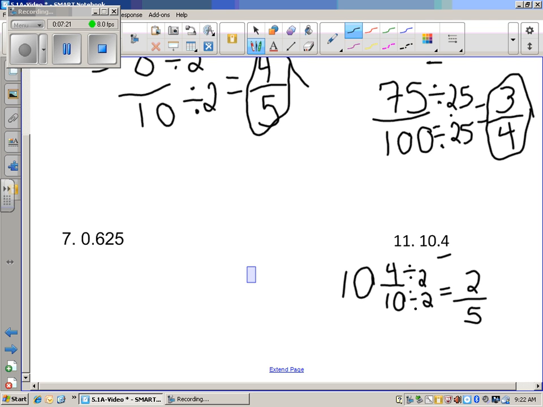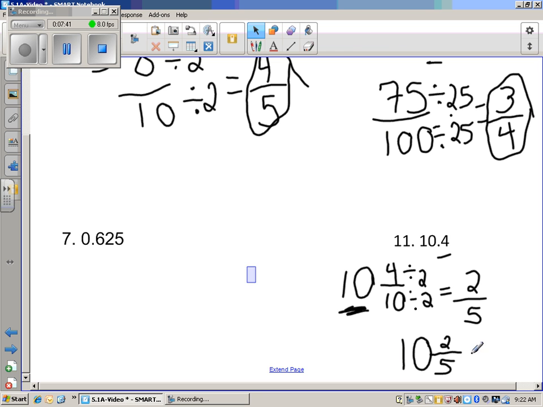Now, 2/5 is not going to be my entire answer because that does not include my 10. So my final answer would be 10 and 2/5. That is in the simplest form that we can get it. Make sure that you're including your whole number in your final answer.